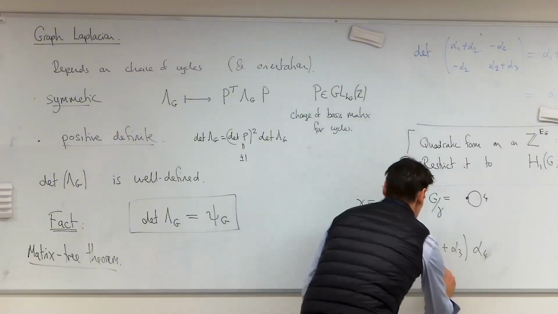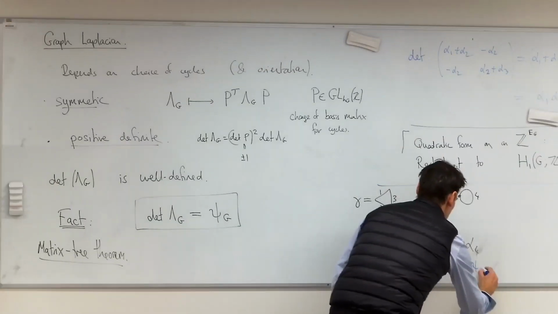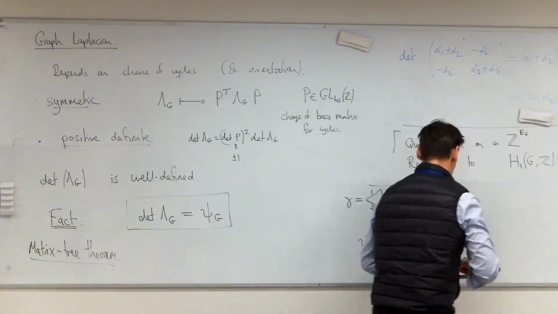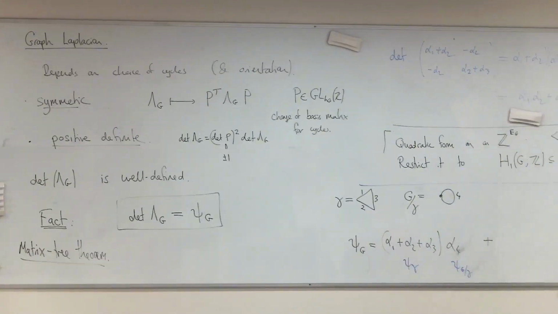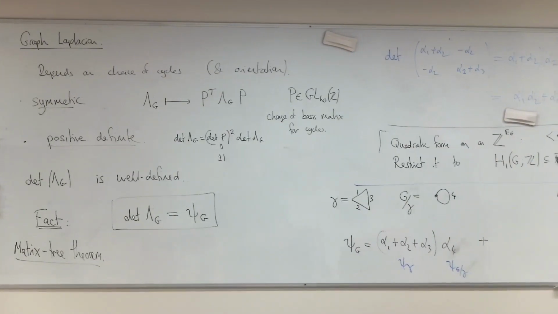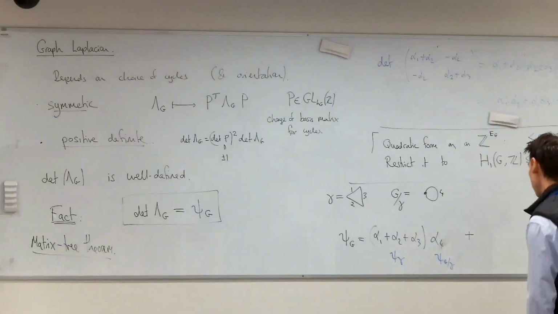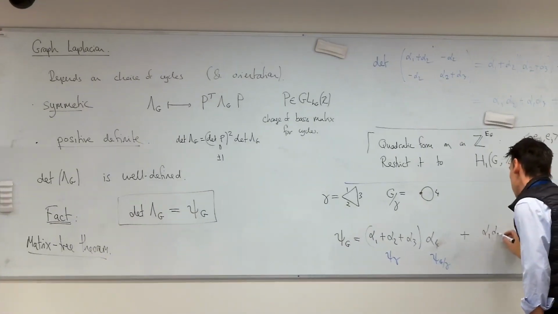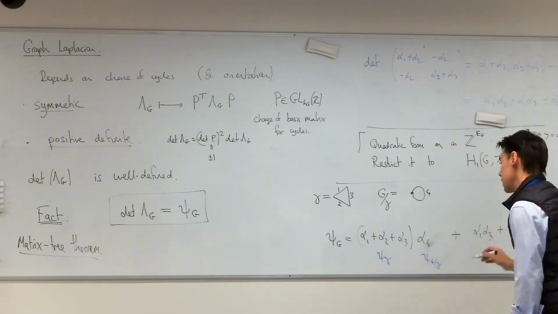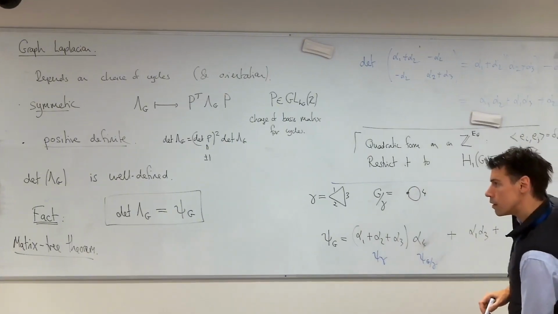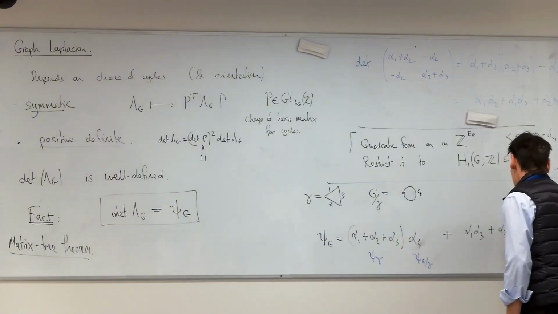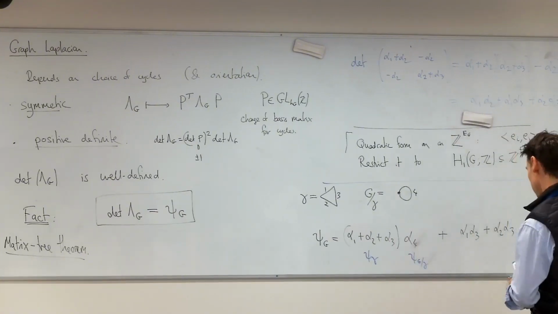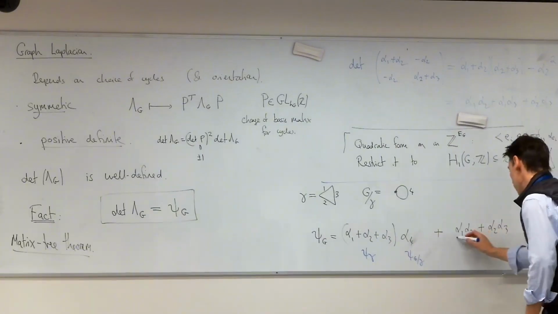So this is psi gamma, and this is psi G mod gamma, plus something. Alpha 1, alpha 3, and I can't see. So alpha 2, alpha 3, thank you. I think that's right. This is R.